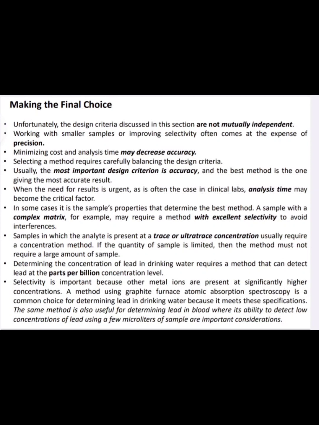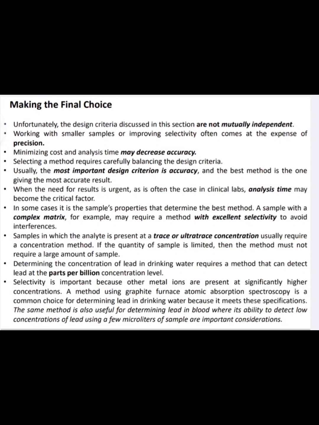Usually, the most important design criterion is accuracy, and the best method is the one giving the most accurate result. When the need for results is urgent, as is often the case in clinical labs, analysis time may become the critical factor. In some cases, it is the sample's properties that determine the best method.